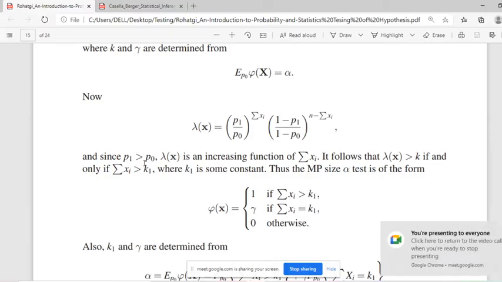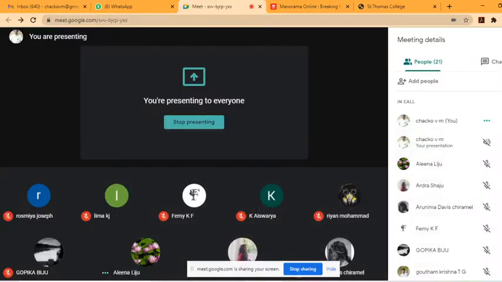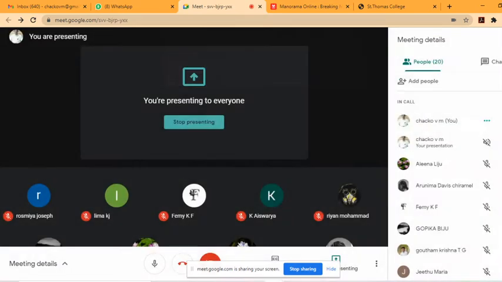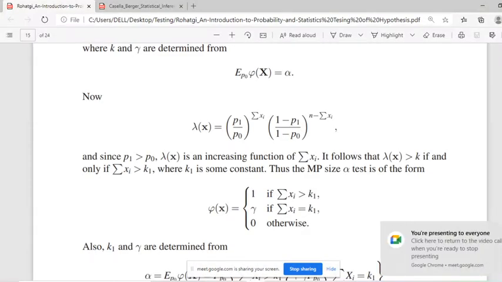Since it is given that p1 is greater than p0, p1 by p0 will be greater than 1, and (1 minus p1) by (1 minus p0) will be less than 1. So lambda x will be an increasing function of summation xi.